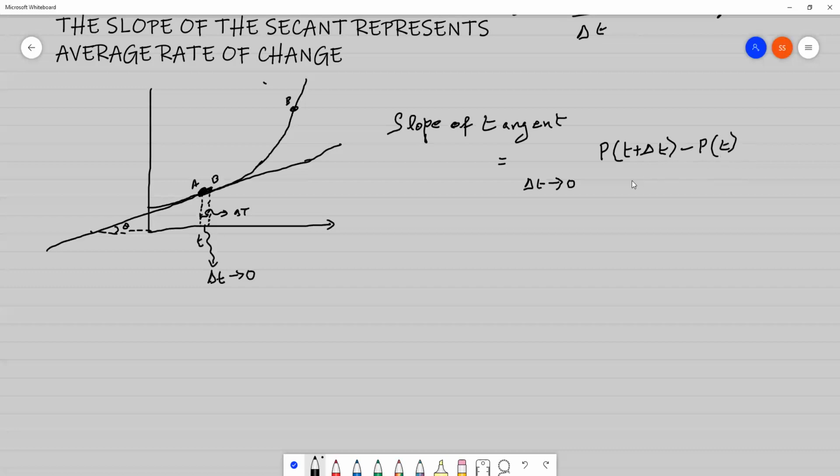In the slope of the secant, I am just making del T almost 0. This one is the slope of the tangent.